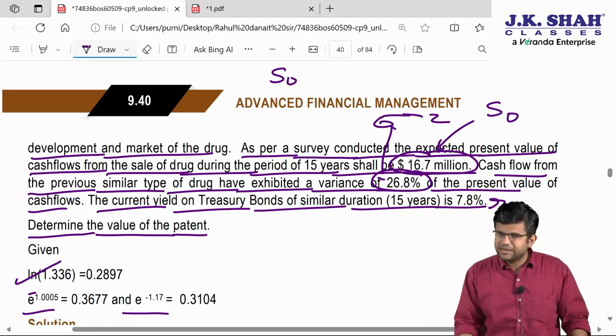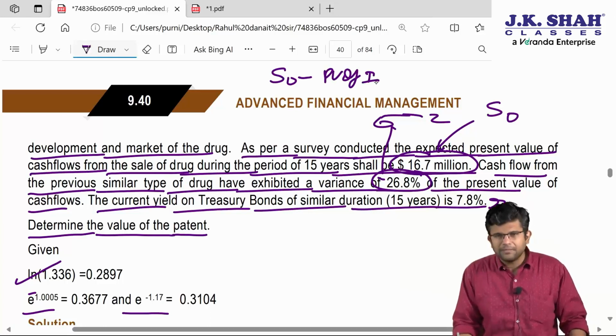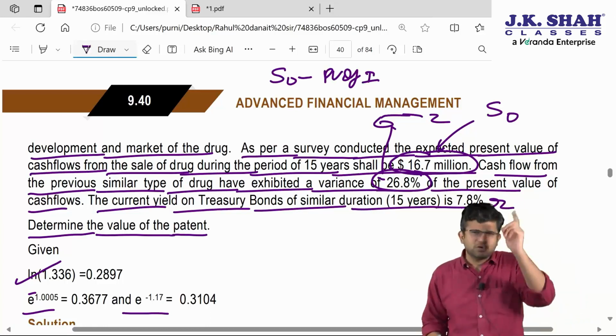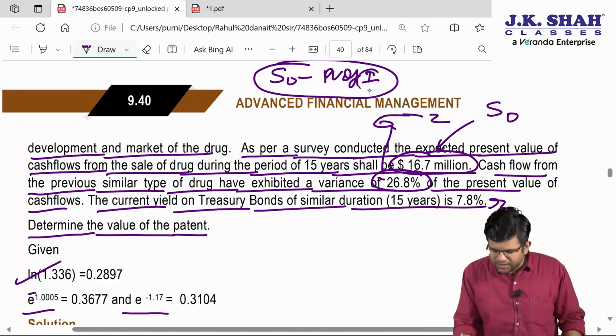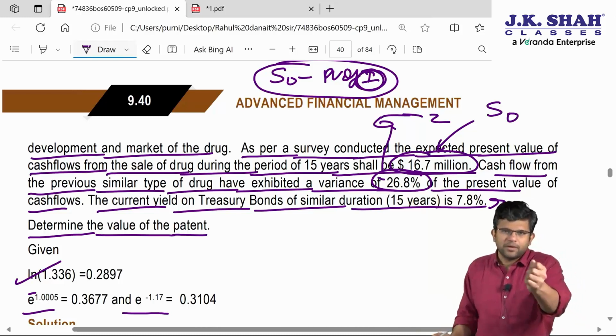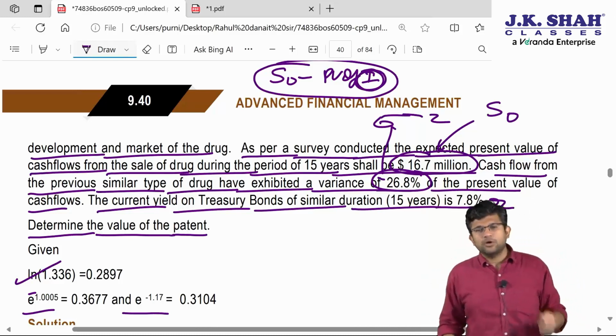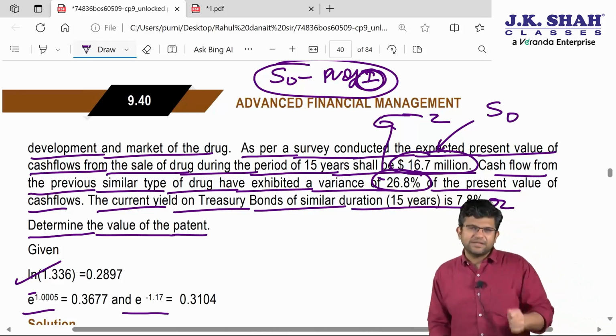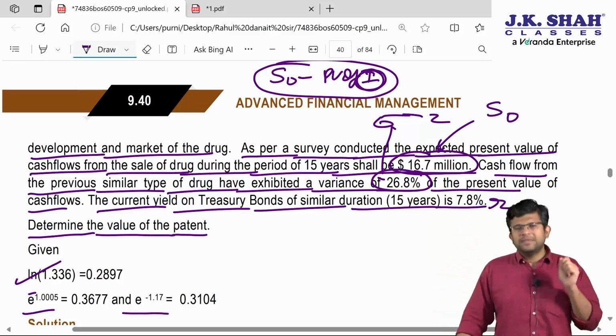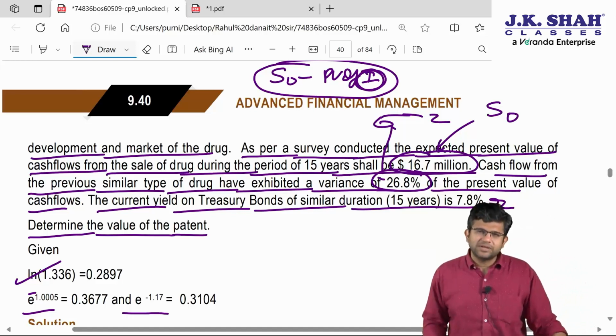Wherever S0 was there in the entire calculation, we used to do S0 minus present value of income, or basically minus I into e raised to minus Rn. Correct? This is what you used to do. But students, what if that income is not given to you in terms of amount or value or rupees or dollars? What if it is given to you in terms of a rate or a yield percentage? Then what to do? That we will learn in this particular question.